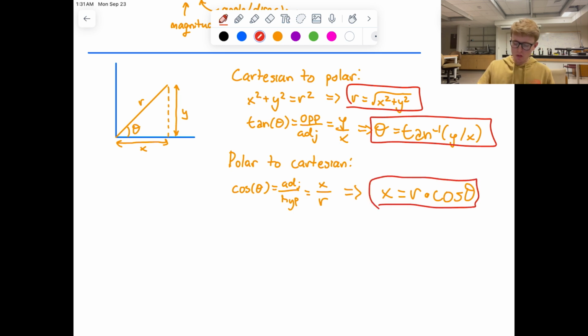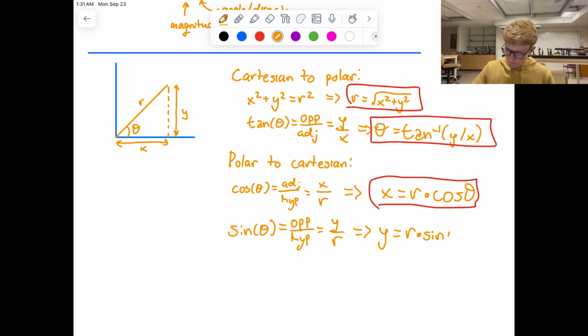In a very similar way, we can solve for y. Y is my opposite side, so I'm going to use sine. Sine theta is equal to opposite over hypotenuse, that's going to be y over r. In that case, y is equal to r times sine theta. And there's our other equation.